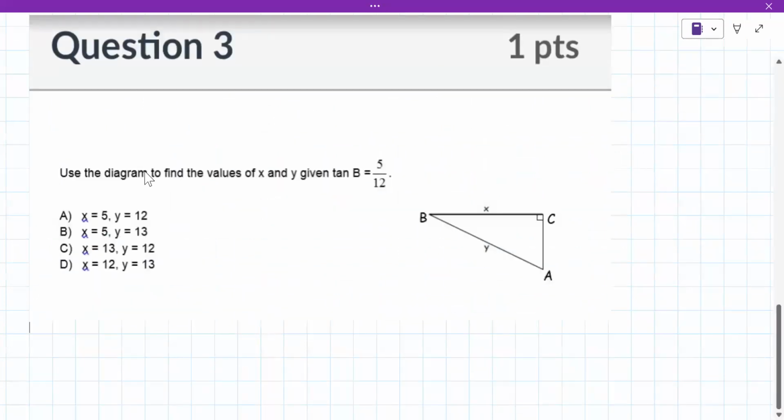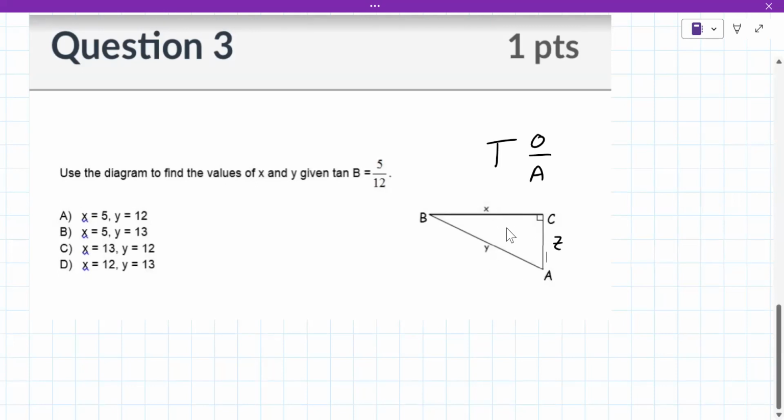So let's look at number 3 here. Use the diagram to find the values of x and y given tangent of b equals 5 over 12. So tangent is TOA, opposite over adjacent. Now they don't ask you for Z, but it is related to what we're doing here.